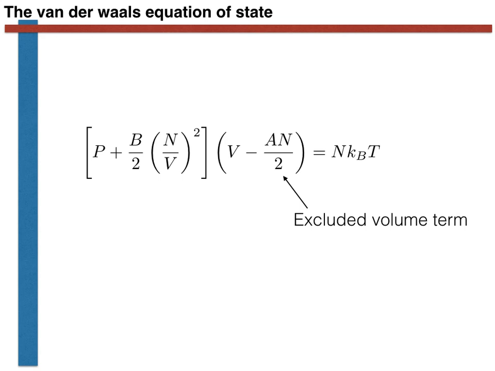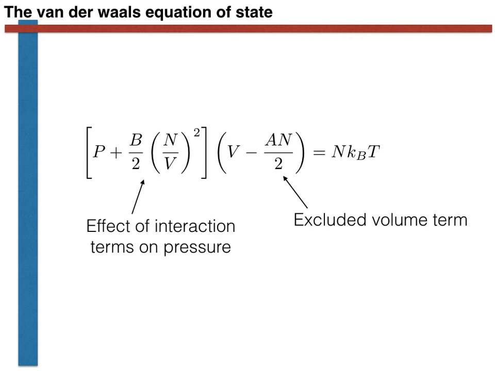The B over 2 multiplied by N over V all squared term is there to mimic the effect of the attractive and repulsive forces that the atoms have and the effect that these have on the pressure. These additional forces will either increase or decrease the pressure experienced by the walls of the container. The van der Waals equation of state was initially derived using considerations similar to these.